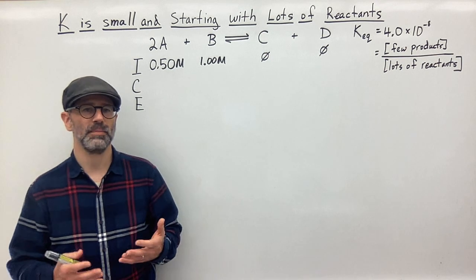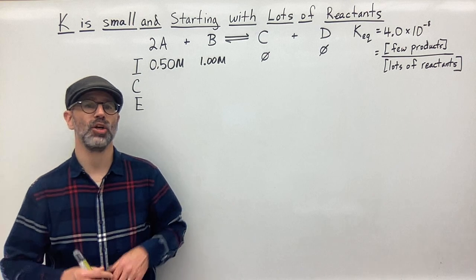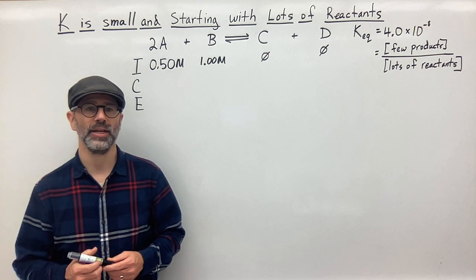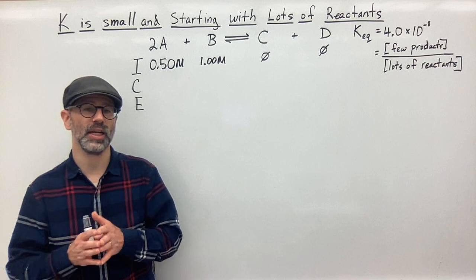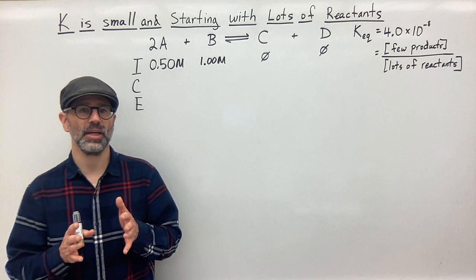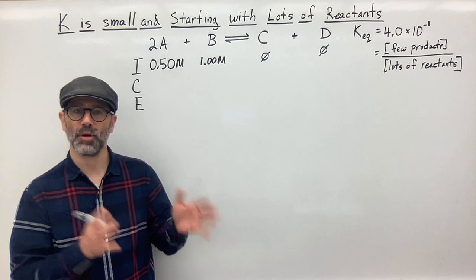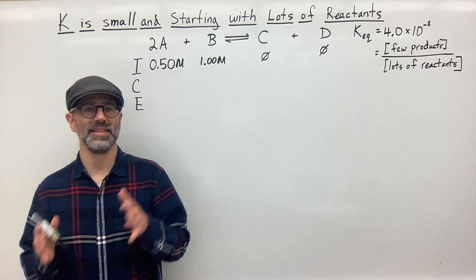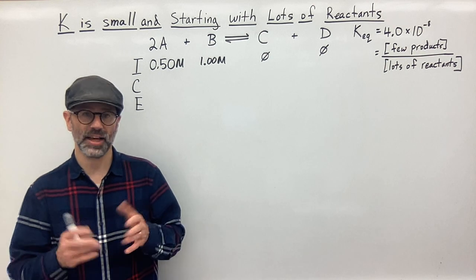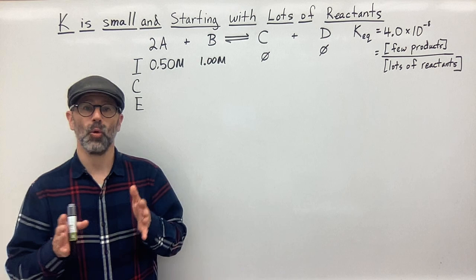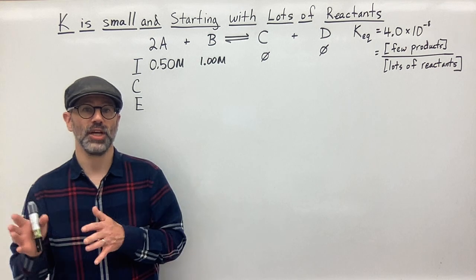And let me start by saying from the very beginning, the way you figure that out is by looking at your K value and then determining what that K value means with respect to the amount of products versus reactants at equilibrium. And in addition to that, you need to figure out which way it's going to shift.